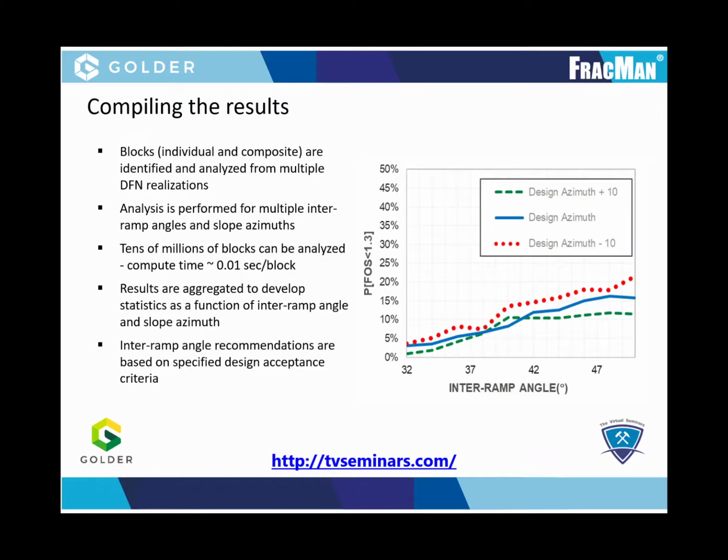However, the limit equilibrium solution can analyse each block in a fraction of a second, resulting in an efficient solution. The results of all realizations are aggregated together to develop statistics as a function of both inter-ramp angle and slope azimuth, with inter-ramp recommendations being based on a specific design acceptance criteria.